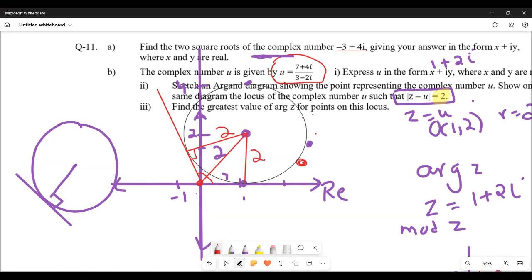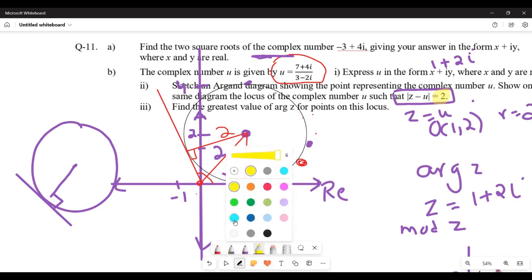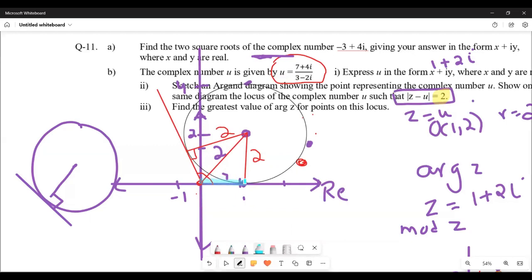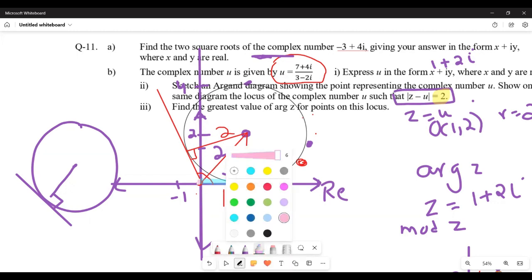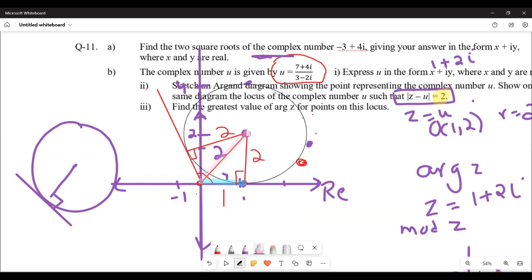As well. And what else? I know this length from here to here, that's 1, right? Now, if that's 1 and that's 2, so this is a right angle as well because x-axis and vertical line up makes a right angle. So now using these two, I can find this using Pythagoras theorem.